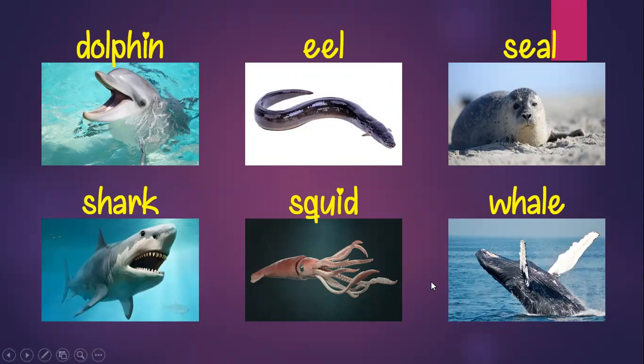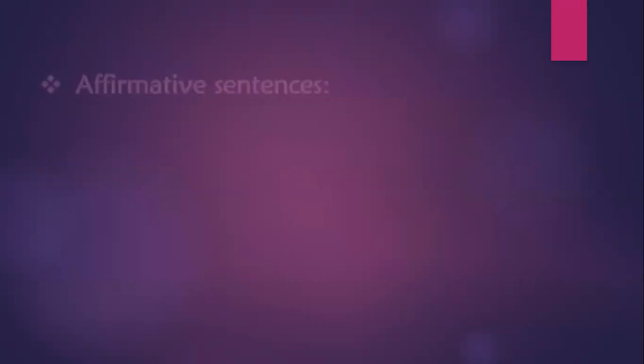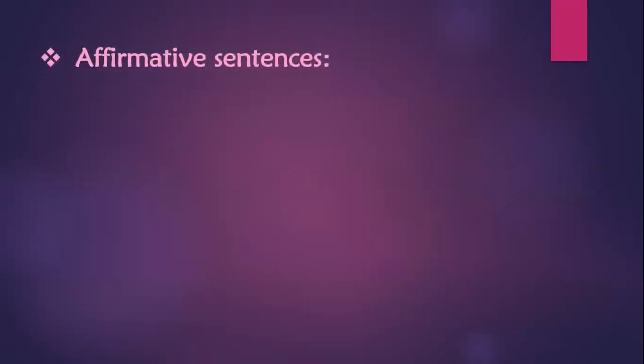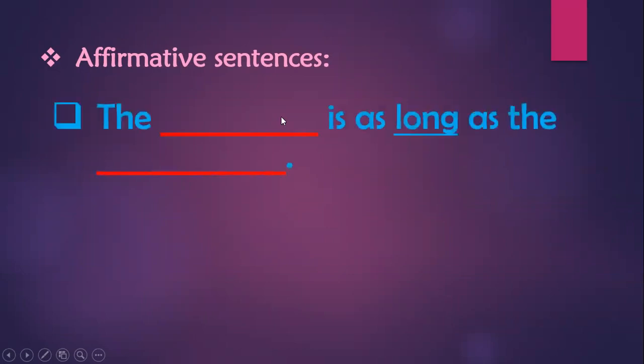Now look here. We are going to use those words related to sea creatures in sentences. Can you read here? It says affirmative sentences. Our sentence starts with a determiner, the.